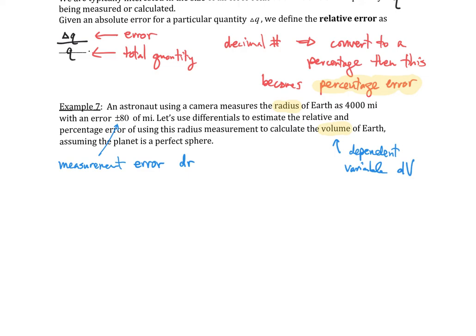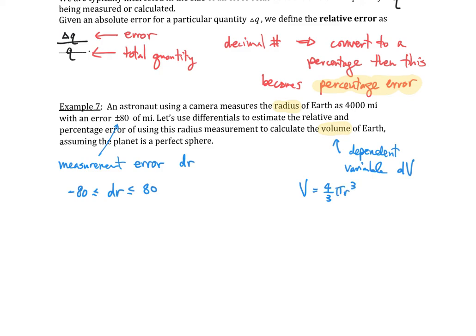If they tell us that the error in the radius is plus or minus 80 miles, then I can say that my dr is going to be between negative 80 and 80. If I'm trying to see what the propagated error is, that propagated error is going to be approximated with dV. And I know that my volume is 4/3 pi r cubed.